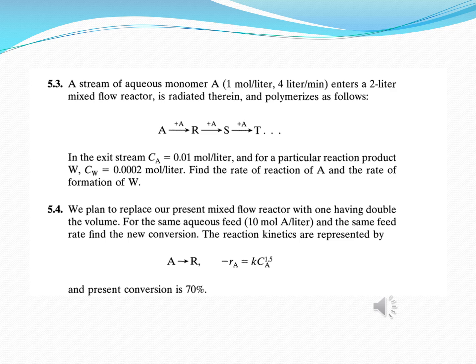Find the new conversion. The reaction kinetics are represented by the reaction A to R, and minus Ra gives you k Ca power half, and the present conversion is 70%.